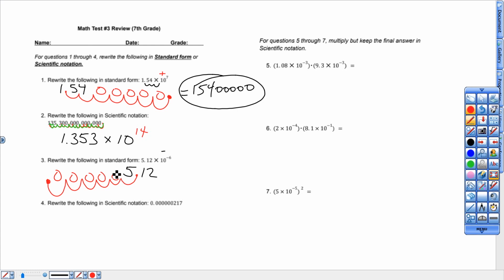So it looks like this final answer is a real small 0.123450 zeros, 512. Real small number. Make sure your decimal's in the right place. So I started here, 6 to the left. 1, 2, 3, 4, 5, 6.